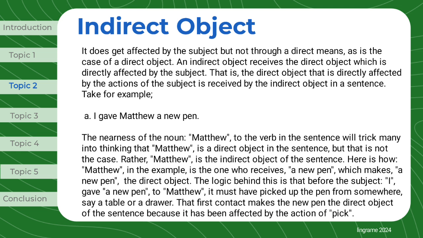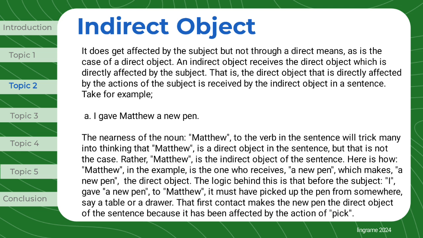The nearness of the noun, Matthew, to the verb in the sentence will trick many into thinking that Matthew is a direct object in the sentence, but that is not the case. Rather, Matthew is the indirect object of the sentence. Here is how. Matthew, in the example, is the one who receives a new pen, which makes a new pen the direct object.